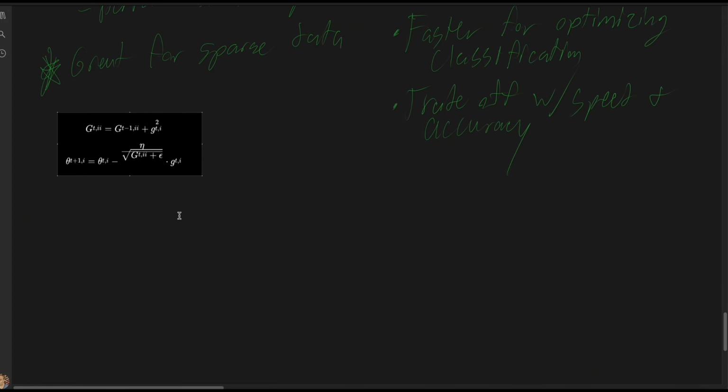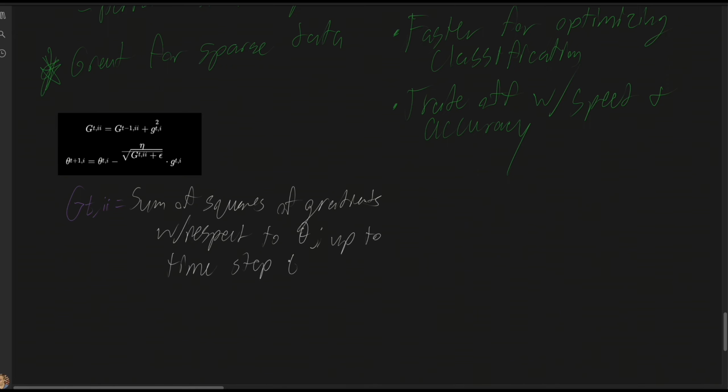All right, the following symbols will be for autograd: G of t, i is equal to the sum of squares of gradients with respect to theta up to time step t.